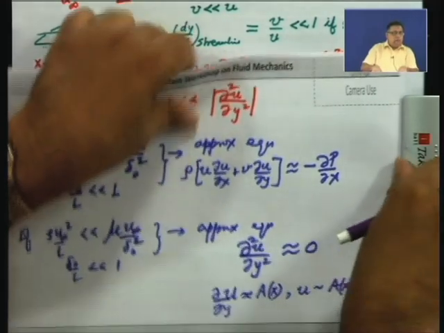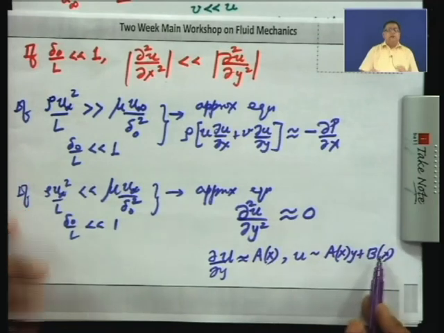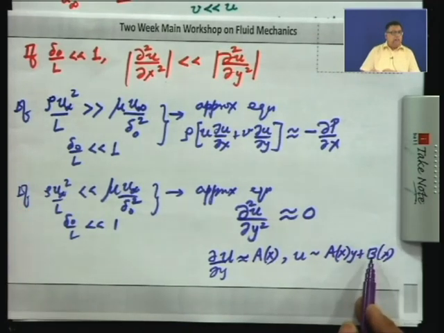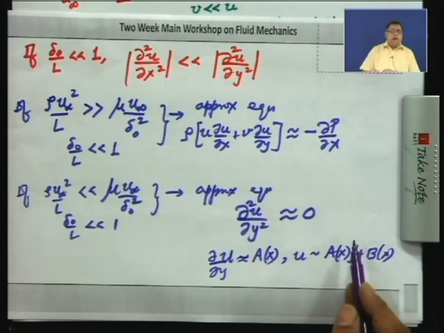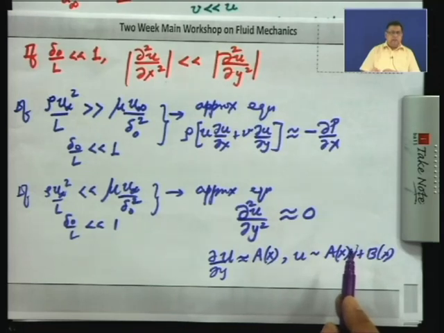Now, the problem with this form is that it cannot describe the flow properly, because due to this term y, it will go to infinity outside the boundary layer when y is large, and you will not get a meaningful solution from this case. So, let us not go into all the details.